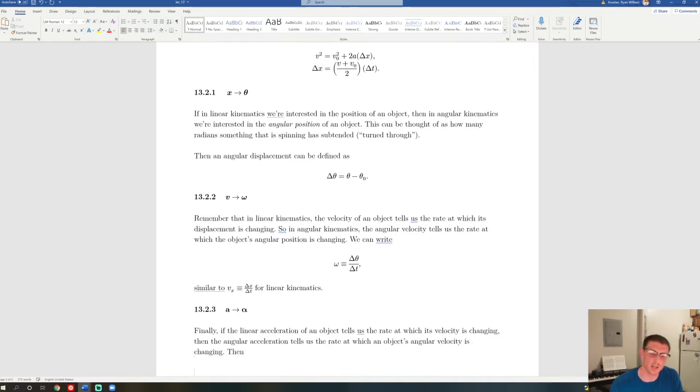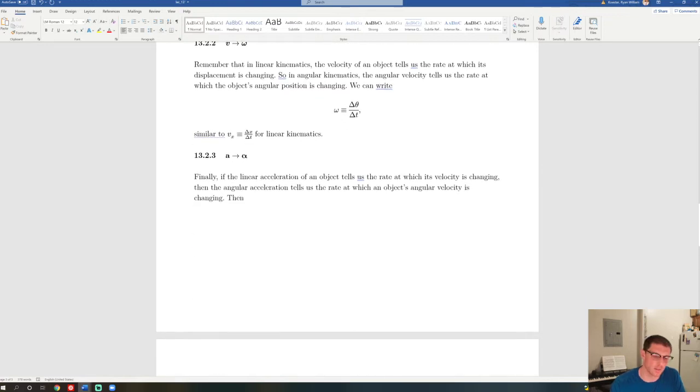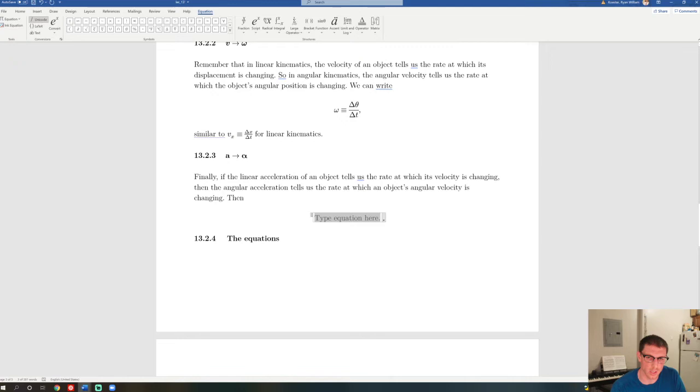Then we can write, with a lot of resemblance to what we wrote for linear acceleration, that the angular acceleration is given by delta omega over delta t, okay?